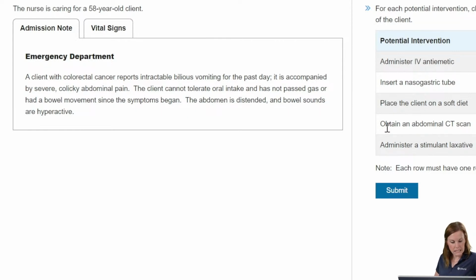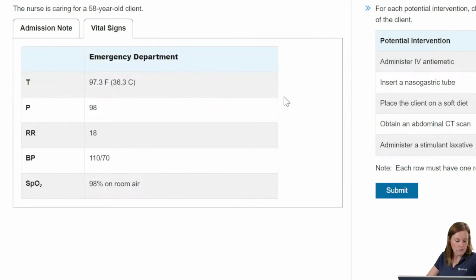The abdomen is distended and bowel sounds are hyperactive. Our vital signs look good. I'm seeing an elevated heart rate, likely due to the pain and discomfort, but our respirations look okay, our blood pressure looks okay, and our oxygen looks pretty good.